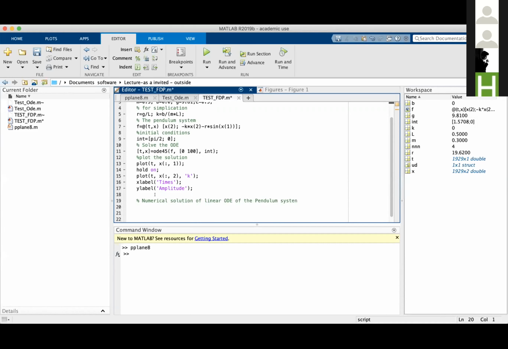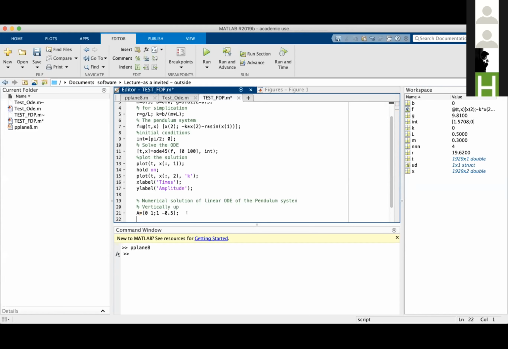So this is where I will write my A matrix. In this case, the A matrix is 0, 1, and 1, minus 0.5. It is actually the vertically up case.